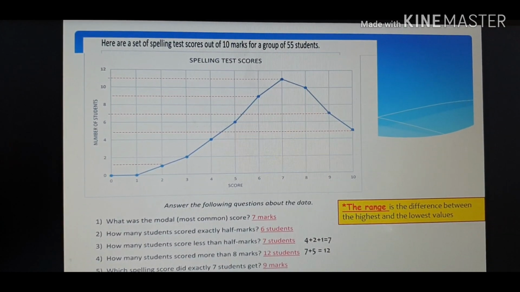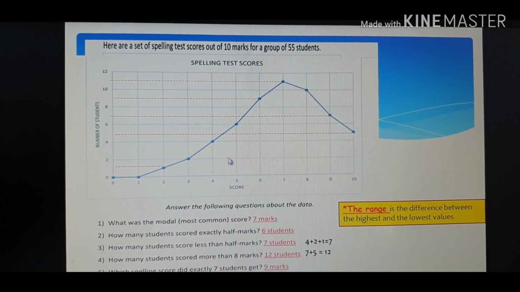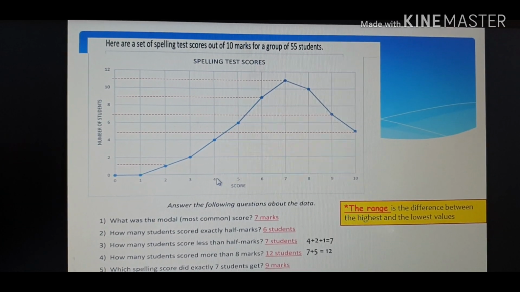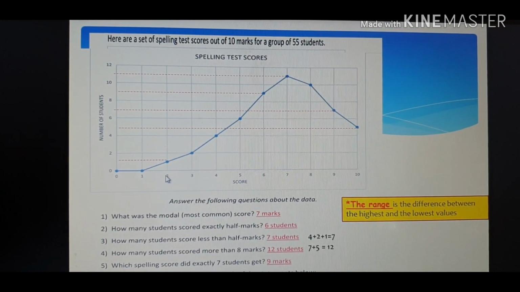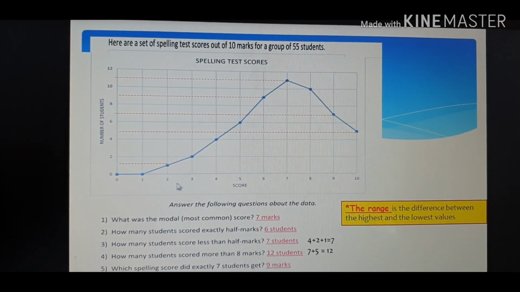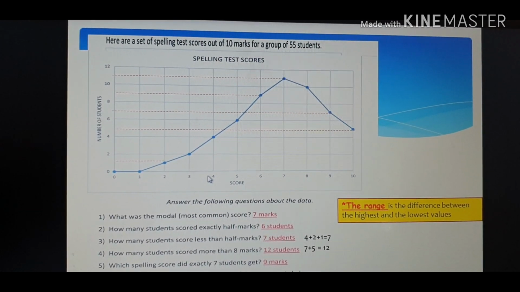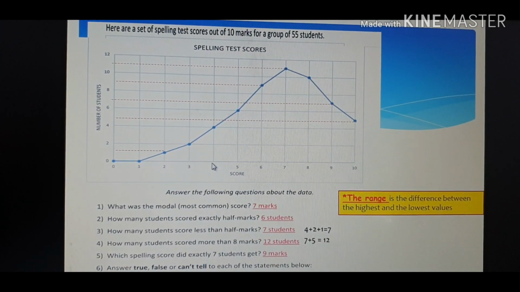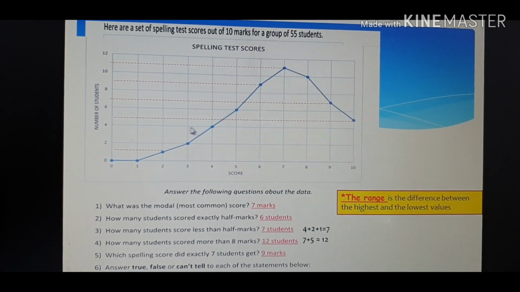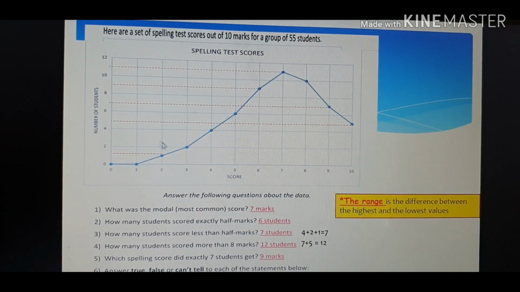Okay. How many students scored less than half marks? Less than half marks means less than 5. So I have 4 marks, 3 marks, and 2 marks. Now I need to find the number of students who got these marks. I go to 4 marks, go up till this point and move to the left. 4 students got 4 marks.